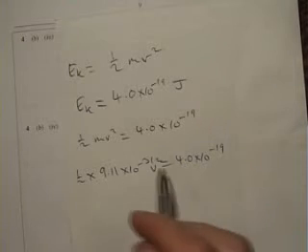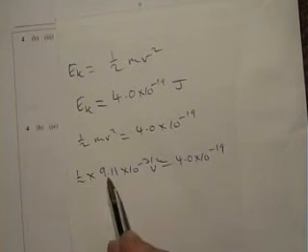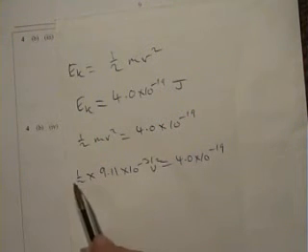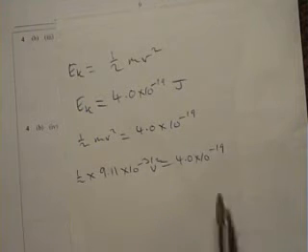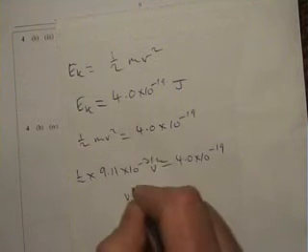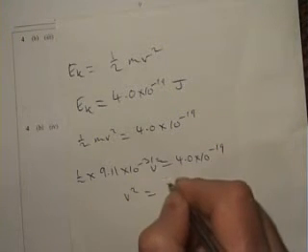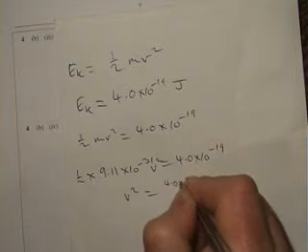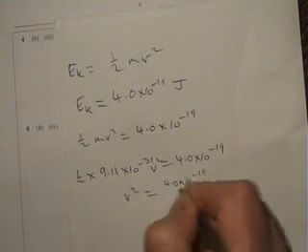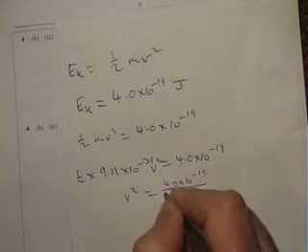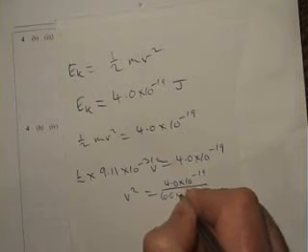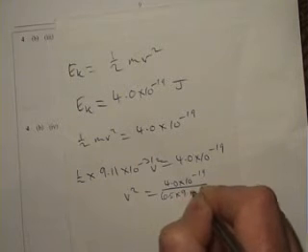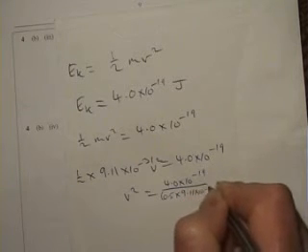So now, if I multiply 9.11 times 10 to the minus 31 by half, I take it onto the other side, I get left with v squared equals 4 times 10 to the minus 19 divided by 0.5 times 9.11 times 10 to the minus 31.